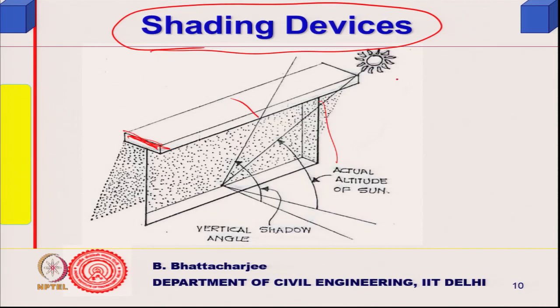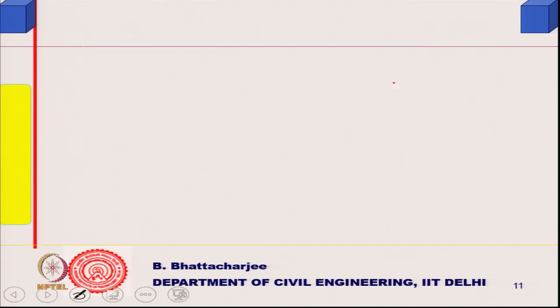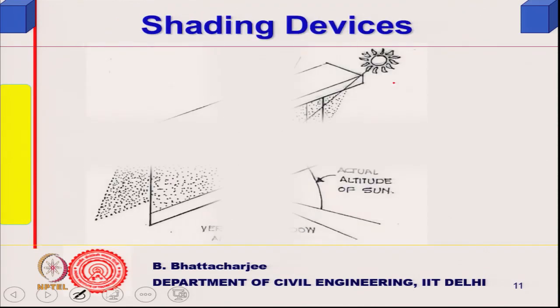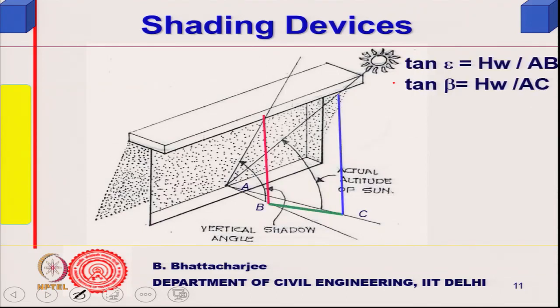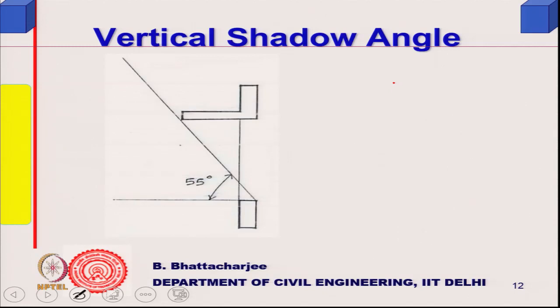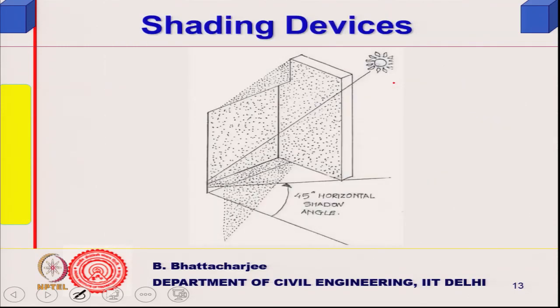Now I can have a vertical shading device also. I will come to this angle and all that a little later. This is a vertical shading device. Now, when will you need a vertical shading device?